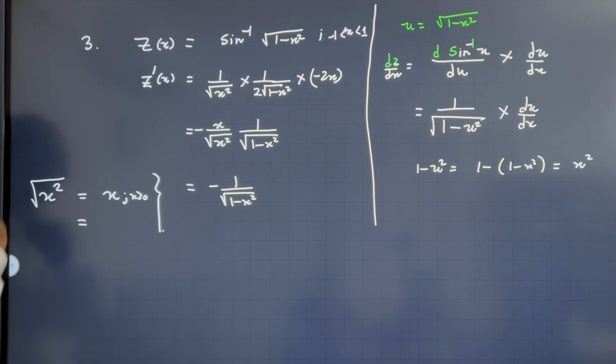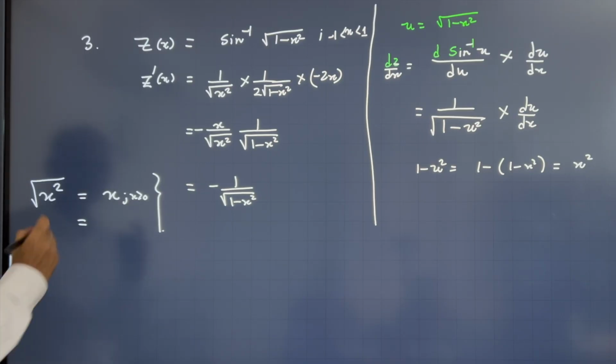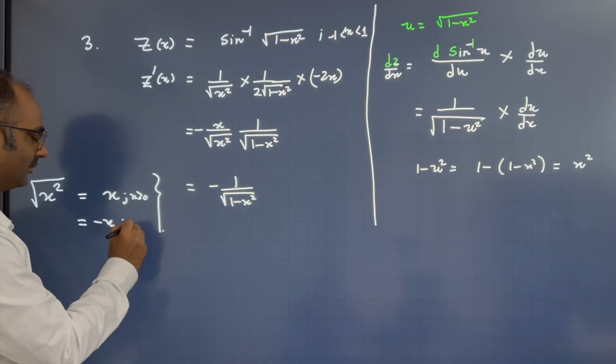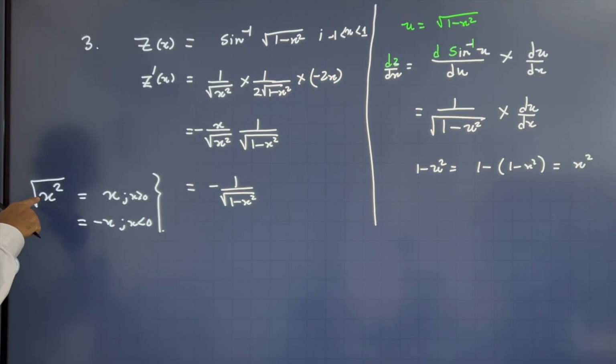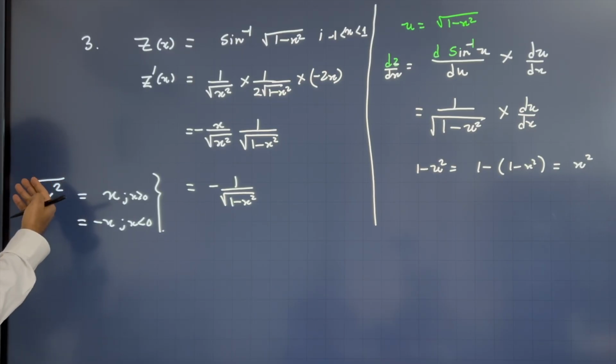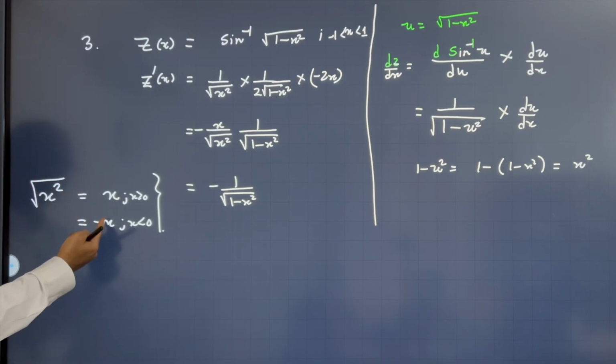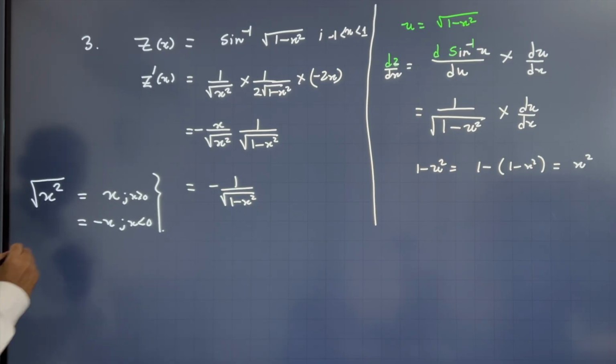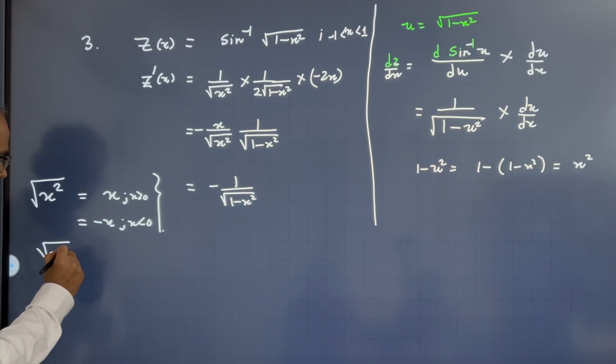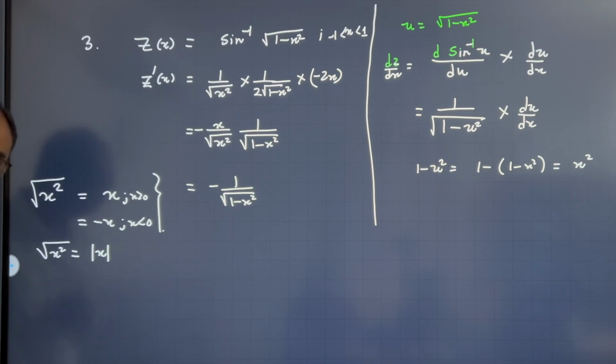And if x is negative, then it is minus x. Very good. Because if x is, let's say, minus 5, then the left hand side will give you 5. And the right side, put x equal to minus 5, it gives you 5. Is that okay? So square root of x square is actually mod of x.